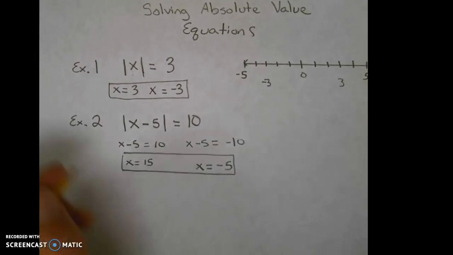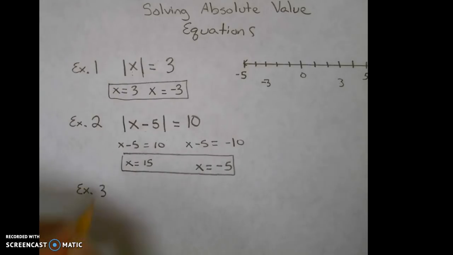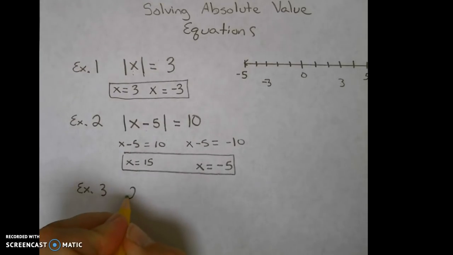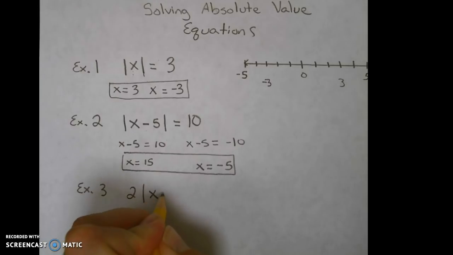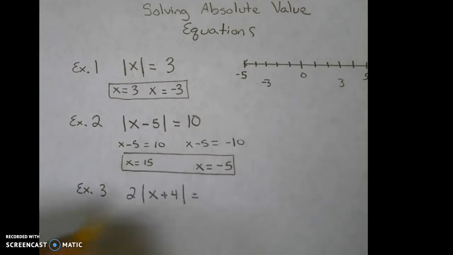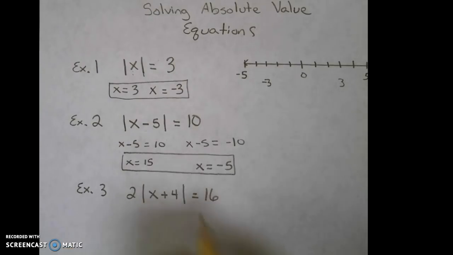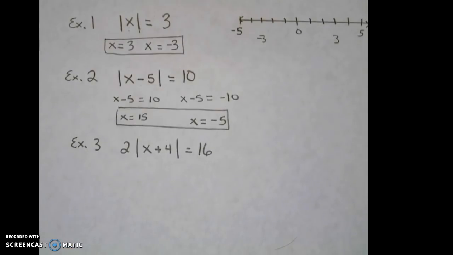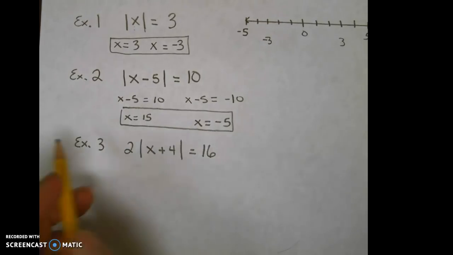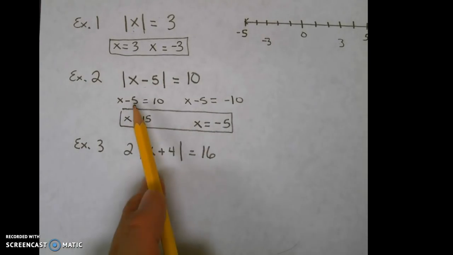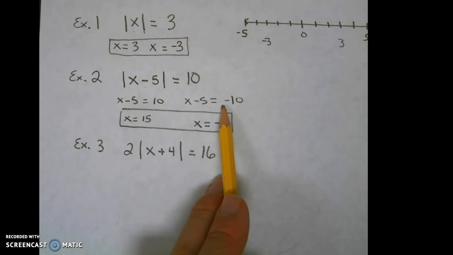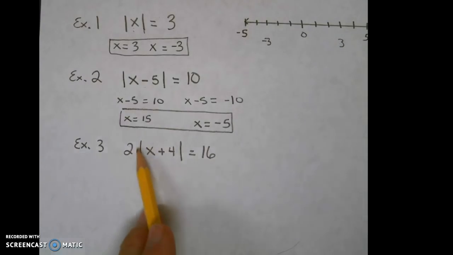Okay, let's go a little bit more complicated. Now, this time, before we set up our 2 equations, we have to clean up, we have to undo what's outside the grouping symbol.